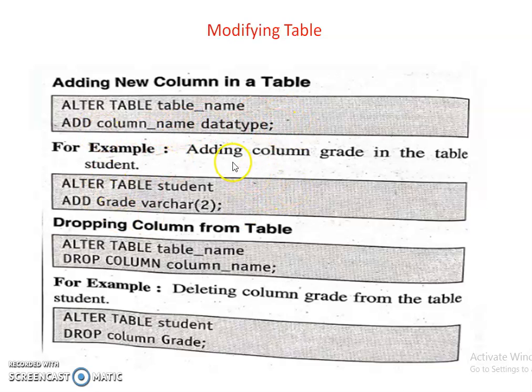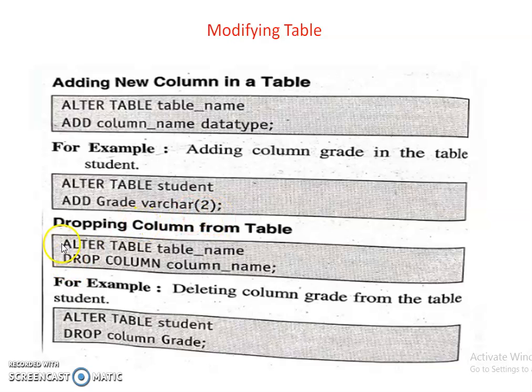See in this example, adding column grade in a table student. It means in your existing table you have to add a column, that is grade. With the help of this syntax, you find out the new table. It means alter table student add grade varchar 2.